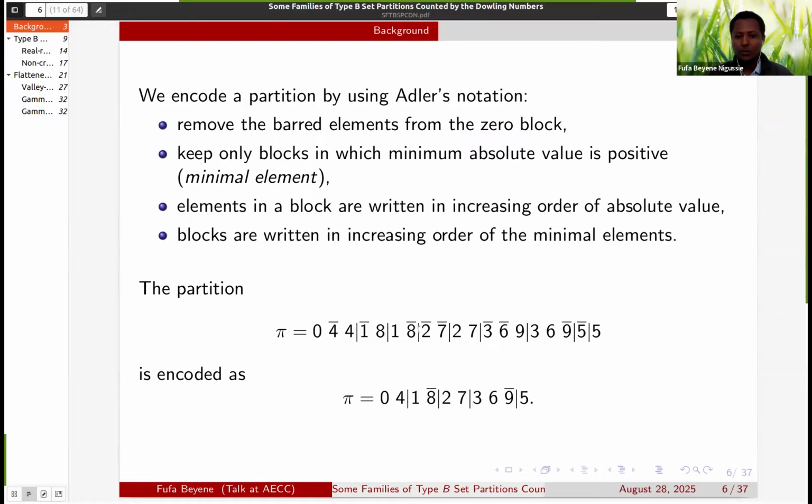And out of these two blocks that are negatives of each other, we just keep the one with a positive minimal element. So 2, 7 is kept. Out of these two, we just keep 3, 6, 9 bar, and out of these two, we keep 5. So this is due to Adler, and this lengthy representation of a set partition can be shortened into this form.